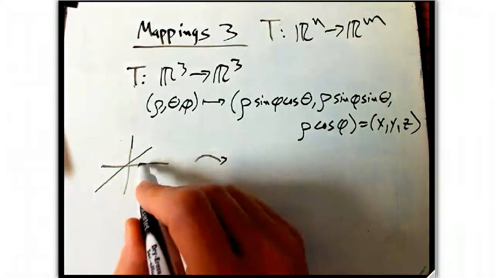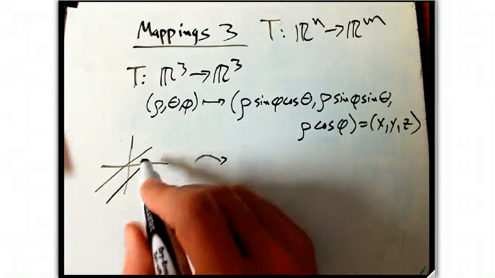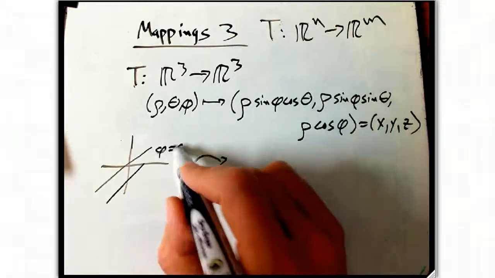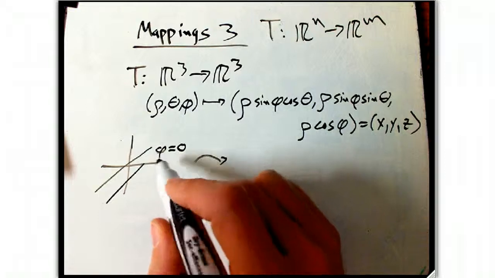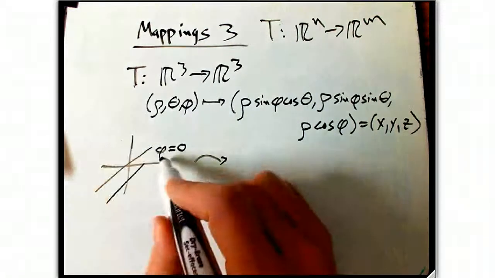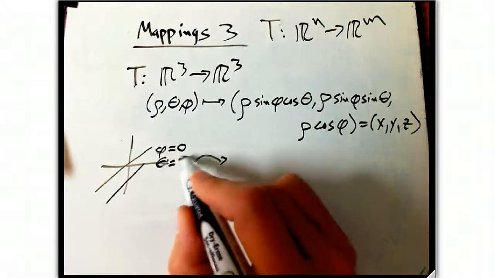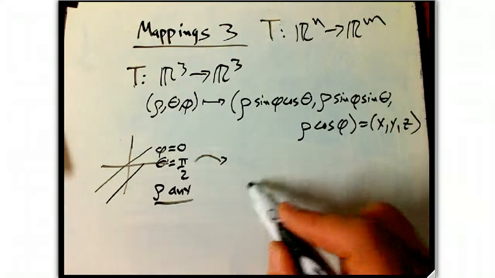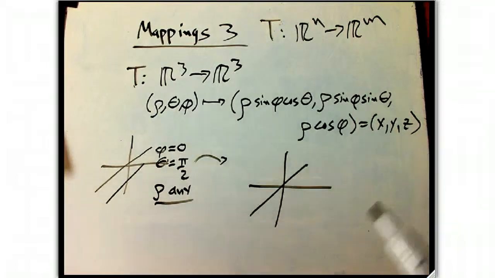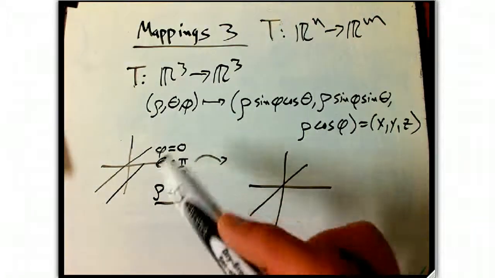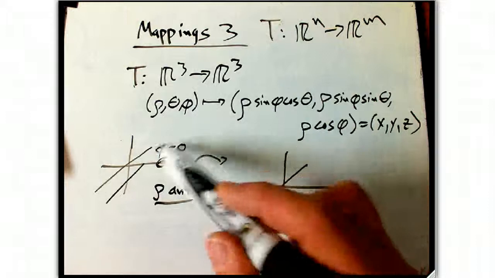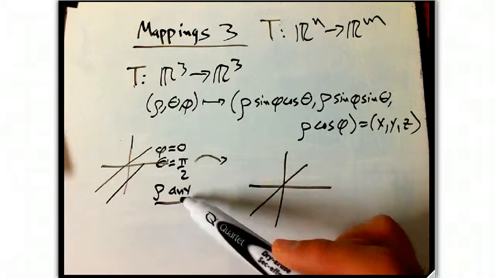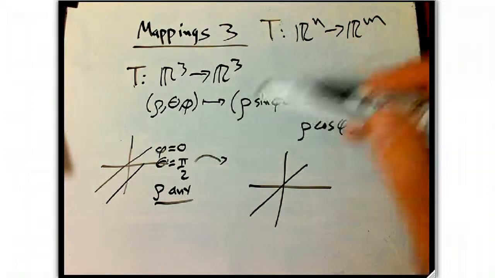We could take the curve where phi is equal to 0 and theta is equal to pi over 2, and then rho is anything. What does that correspond to? If you think about spherical coordinates, you should be able to know what that means, because these have a geometric meaning for us. Polar angle 0, azimuth pi over 2, and any radius. But let's go ahead and get it out of the formulas as well.